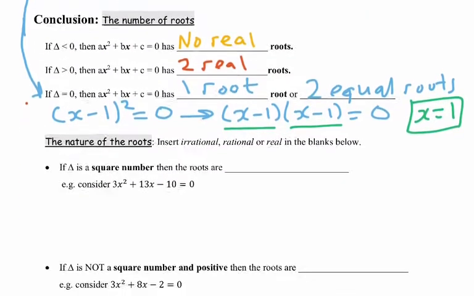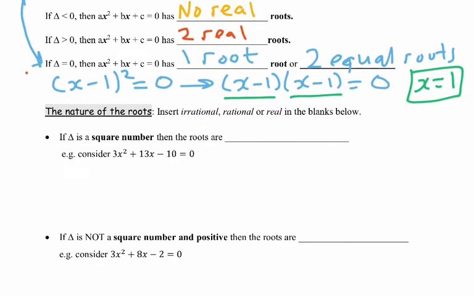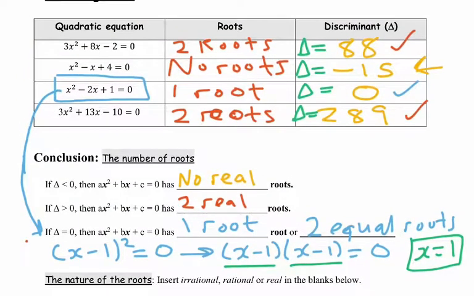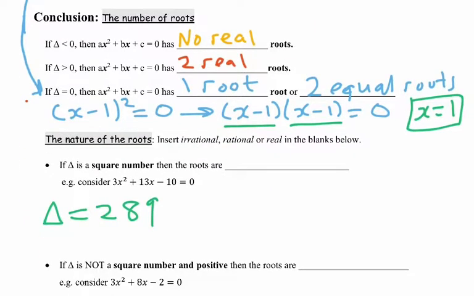Now, what about the nature of the roots? If delta is a square number, what can we say? If you work out delta for this one, it was 289. Go back to your table, have a look. It's the very last one here. So what can we say about that?